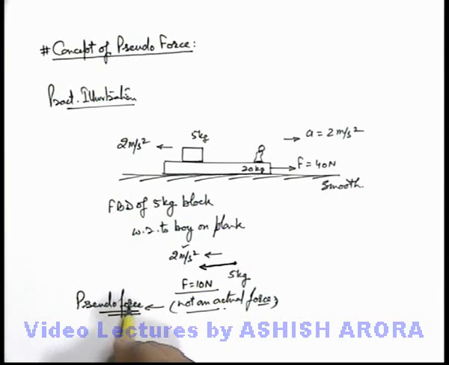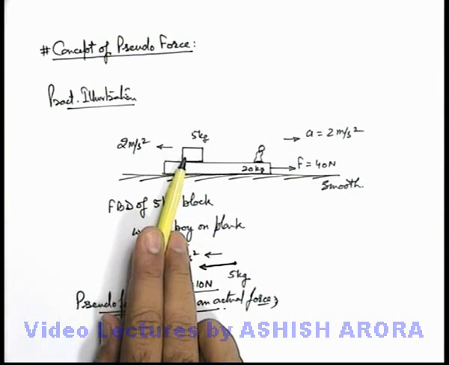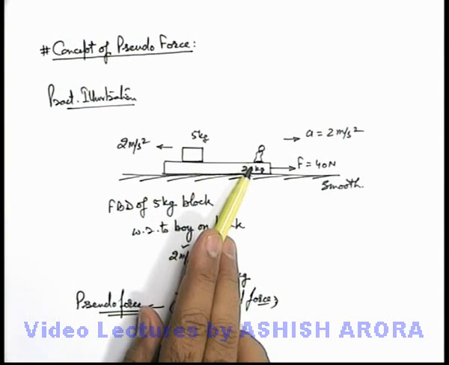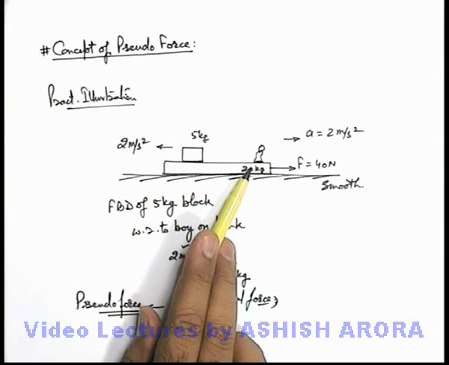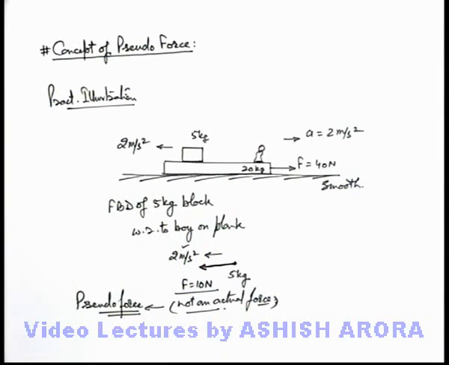So you can see pseudo force is a force which appears to act on a body when it is seen by an accelerating observer. This is a very important point to understand. Let's write it down also.